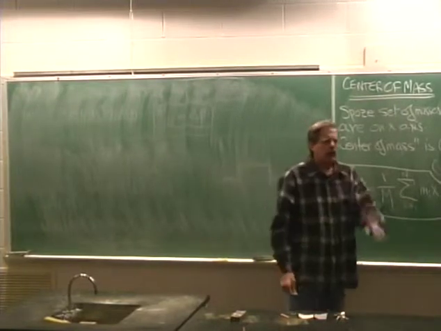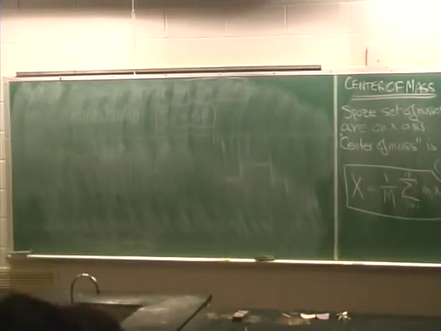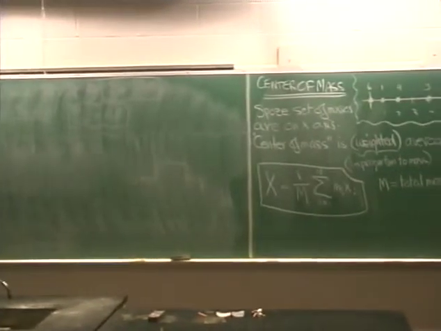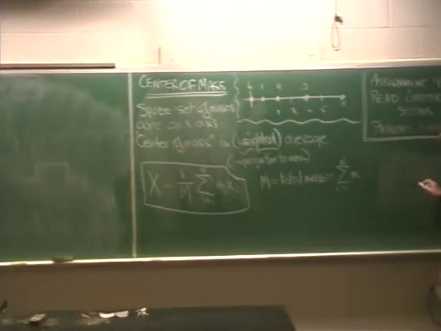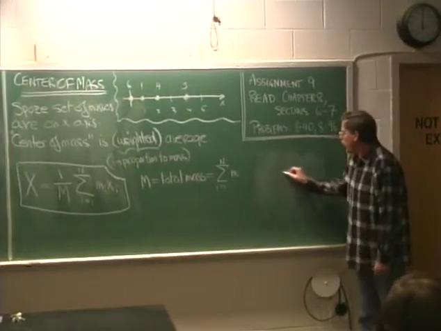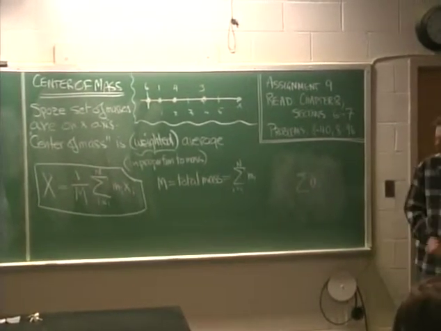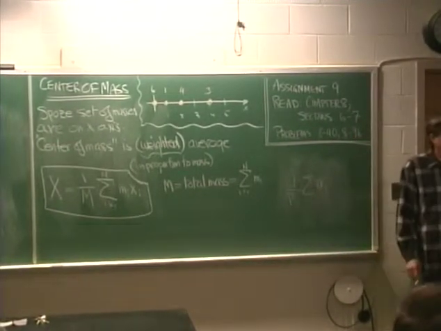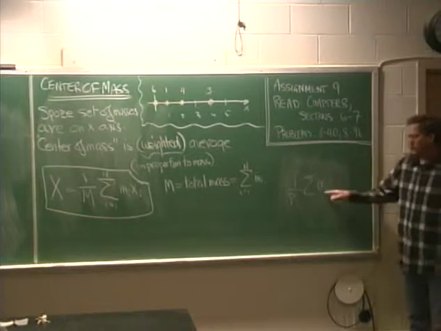By the way, if I asked you what's the average of the ages of all the people in this room, how would you do it? We would go along and interrogate each person, what's their age, the age of the ith person. We would add it up over all the people here, and then we would divide by the total number of people in the room. Isn't that right? That's how you would calculate it.